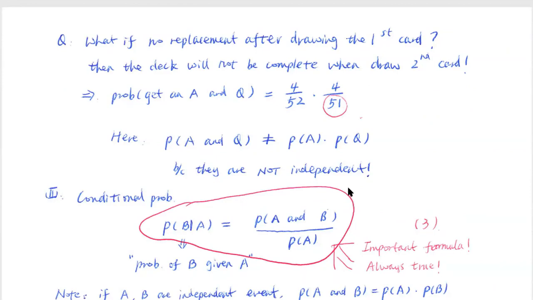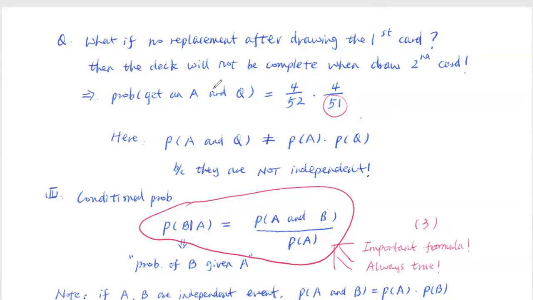So what's happening after you draw the first card? You don't put that back. So the key part we can see here is, how many cards are left over there? You only have 51 cards left. So that's the one part. So let's do that step by step, everybody. Same question.